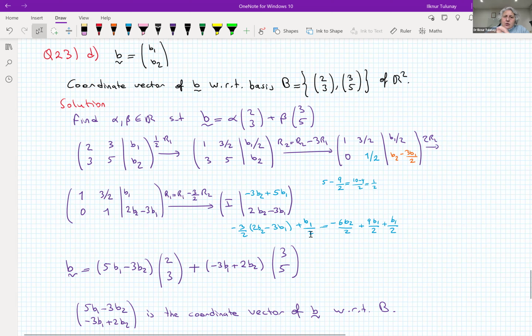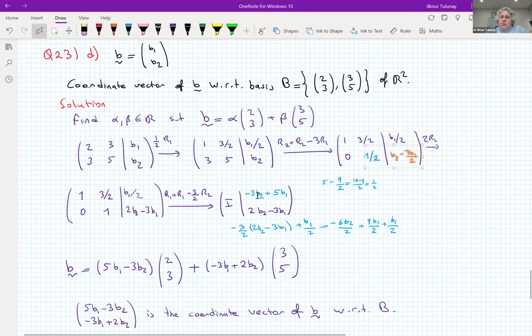That's B1 over 2. I just realized that this is B1 over 2. As you realize, this is B1 over 2, I just incorrectly passed it through here. So this is why I have B1 over 2 here. And organizing that, we will be able to find 9, 10 B1 over 2 will be 5. So 5B1. Here is a minus 3.